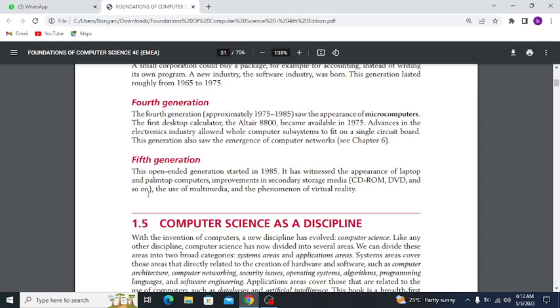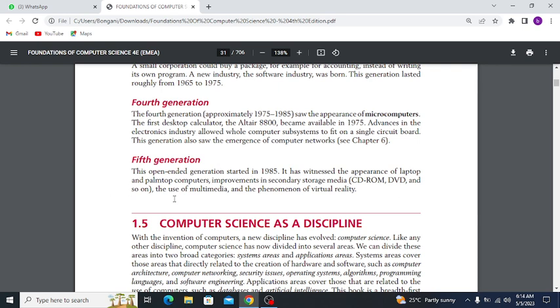Fifth generation: this is the generation we are in. This open-ended generation started in 1985. It has witnessed the appearance of laptops and palmtop computers, and improvements in secondary storage media such as CD-ROMs, DVDs, and so on.